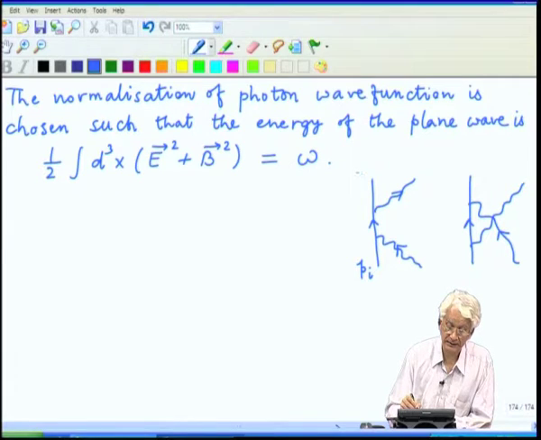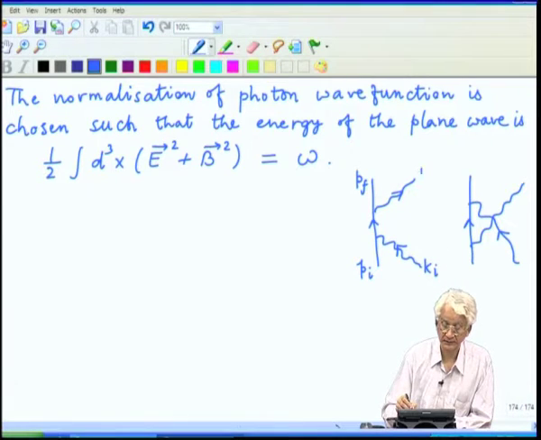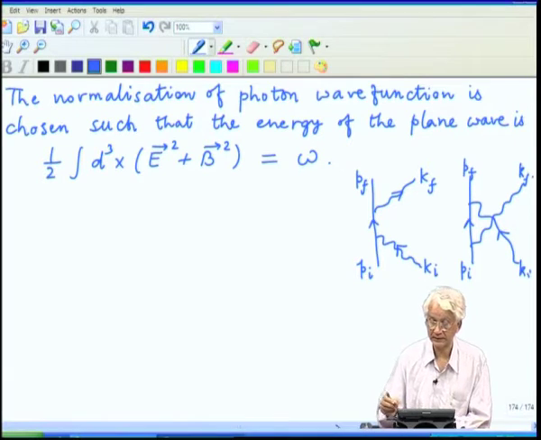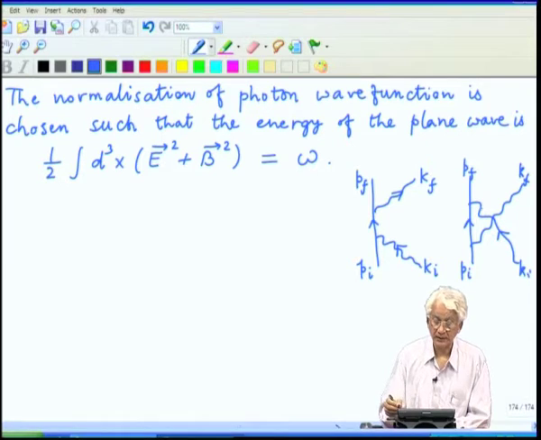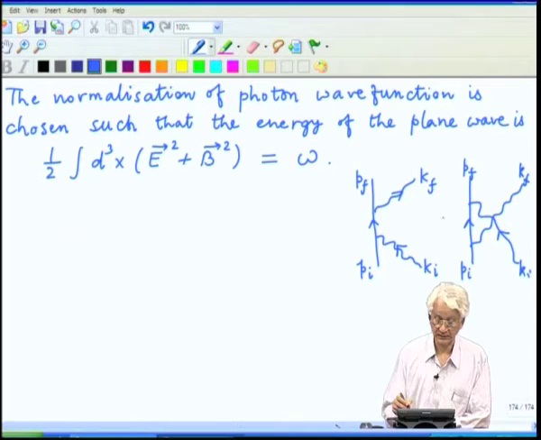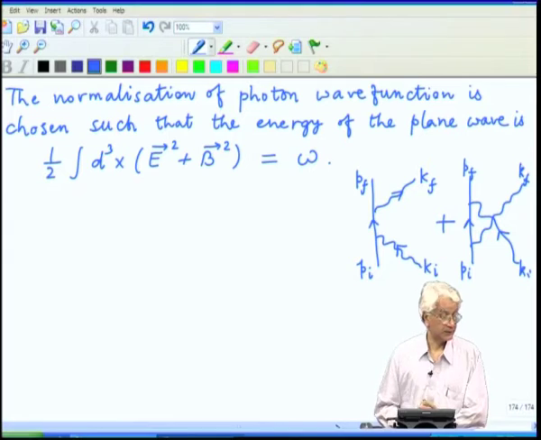There is a Pi, Pf for the energies or the momenta of the electrons, and Ki, Kf the same for the photons. And as you have seen, the two diagrams correspond to just ordering of the vertices in a different way. They are interactions with these bosonic photons, and the contributions have to be added.